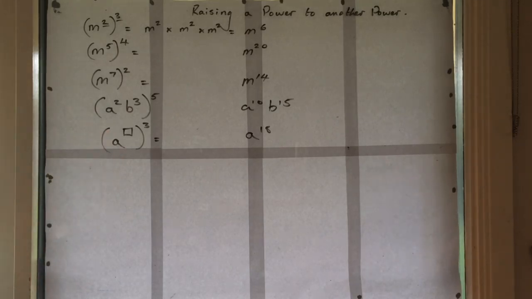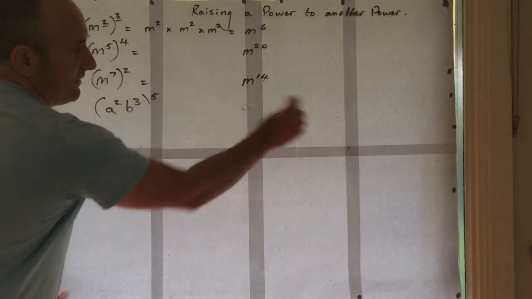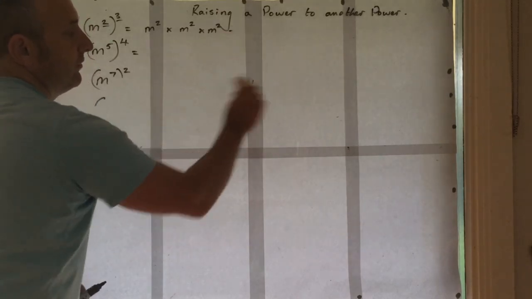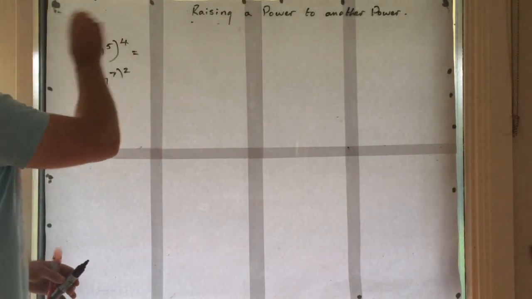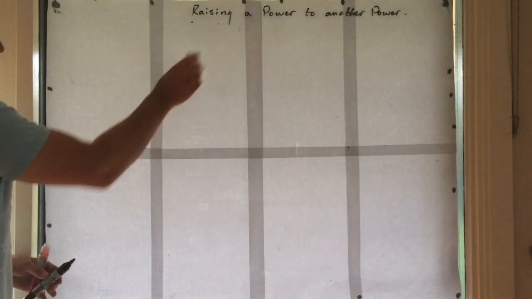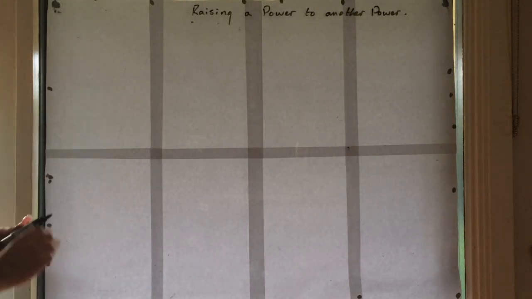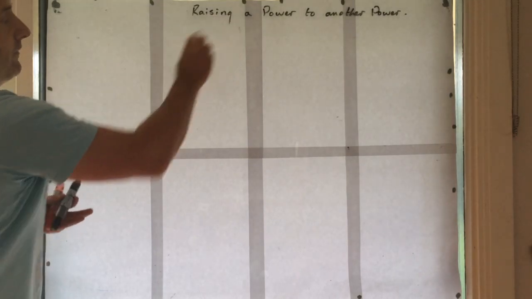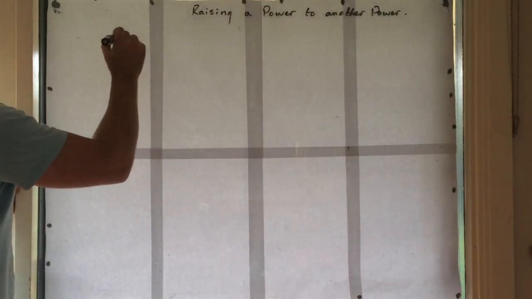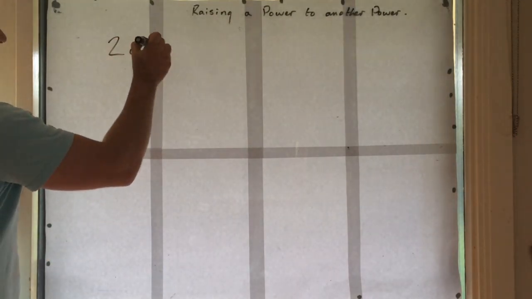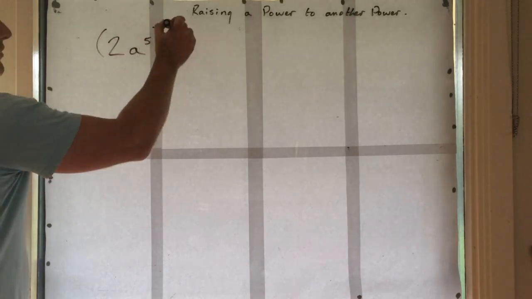Now once we've mastered some of these, we can take it to the next step. We can start to talk about what happens when we end up with something like 2a to the 5 to the 4.